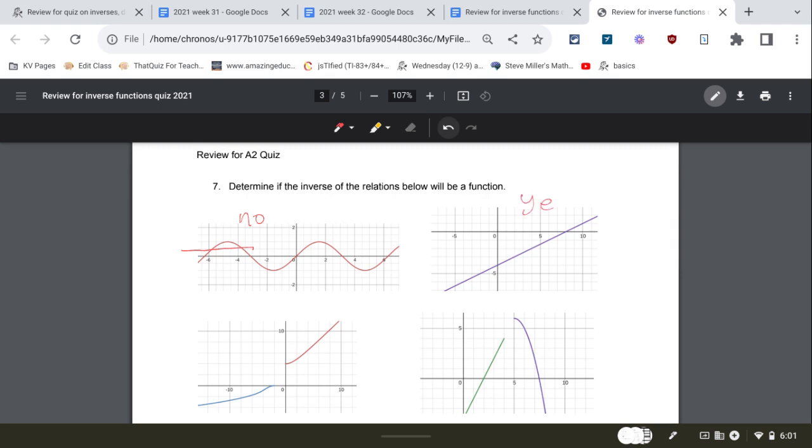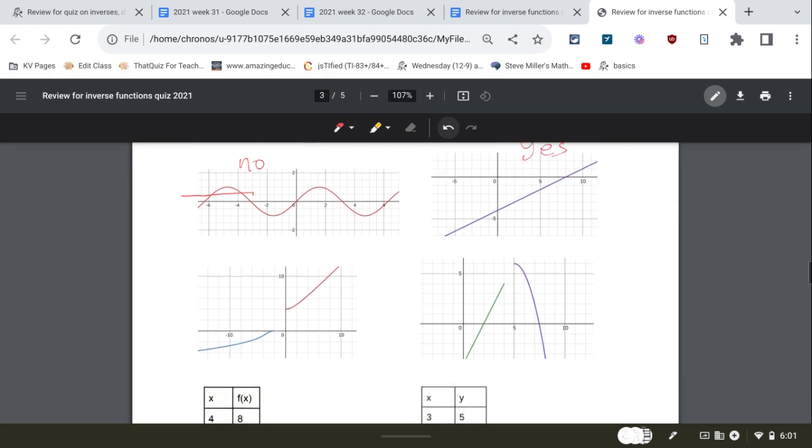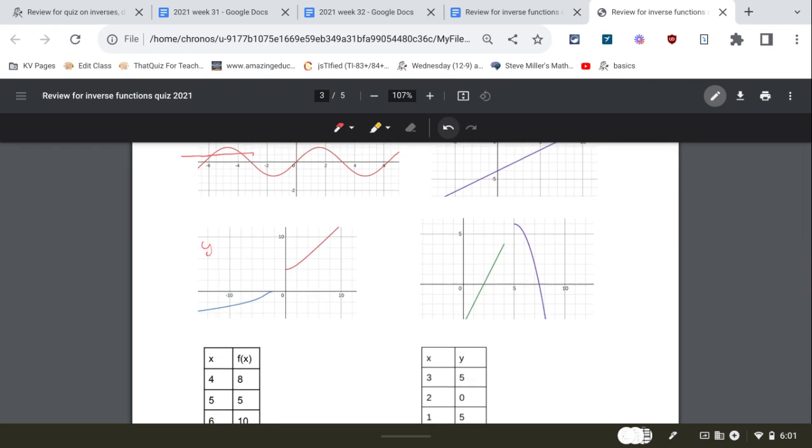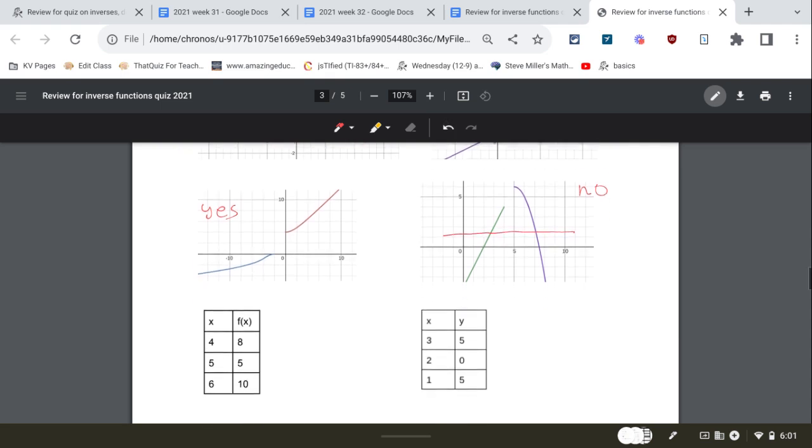All right, this one would be a yes because it passes the horizontal line test. This would be a yes because it passes the horizontal line test. It only crosses once everywhere you draw a horizontal line. This would be a no because right here it fails the horizontal line test.